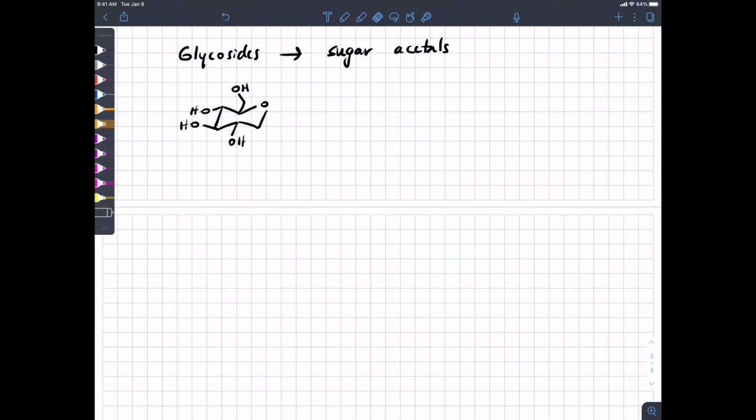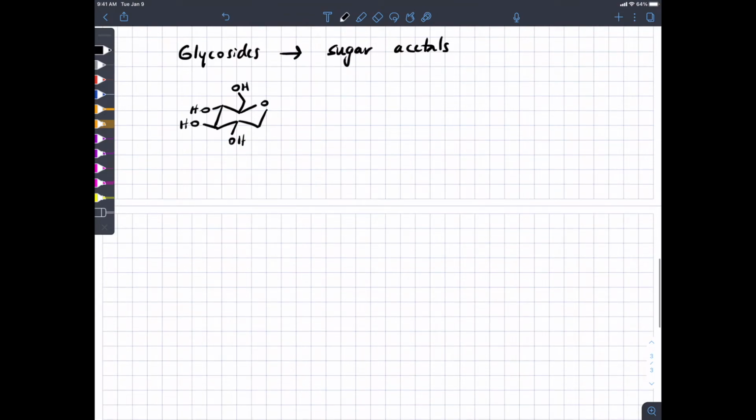So when people want to say, I have the cyclic form of glucose, it's D-glucopyranose, but I have both alpha and beta anomers, they will use the squiggly line to indicate both stereochemistries at that anomeric carbon. So you'll see that, and when you do, don't worry about it. Just know that it means there's both anomers present. It's a mixture of diastereomers.